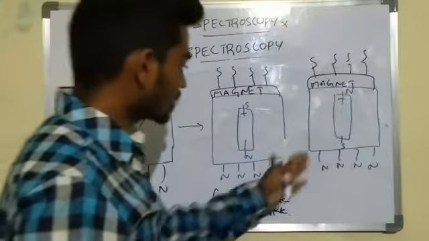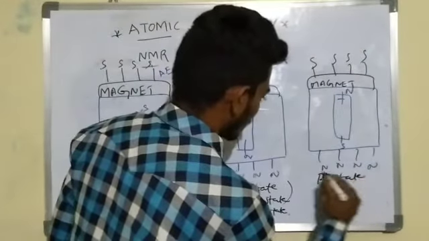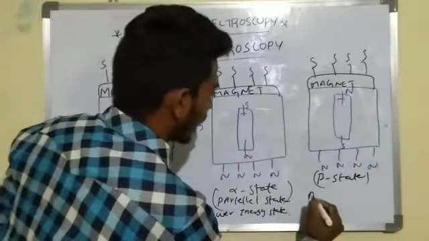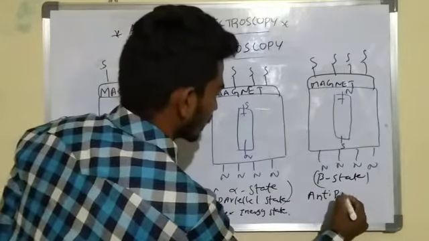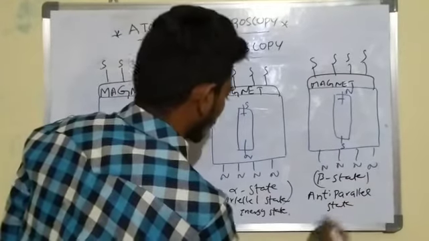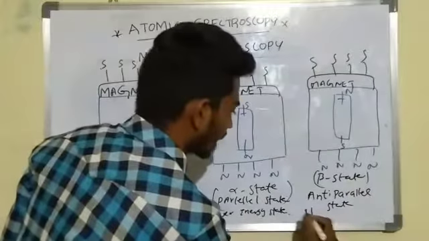So this condition is called the beta state. This beta state is also called the anti-parallel state, and it is also called the higher energy state.